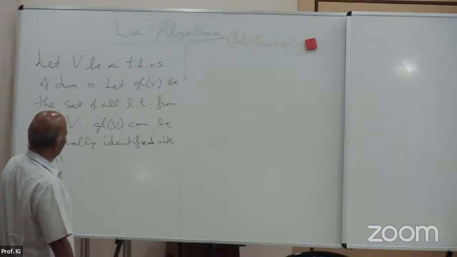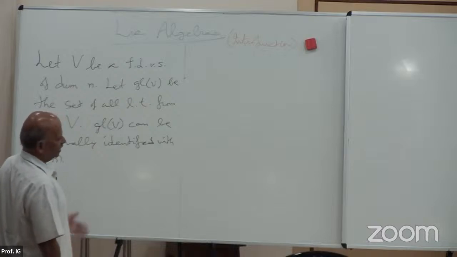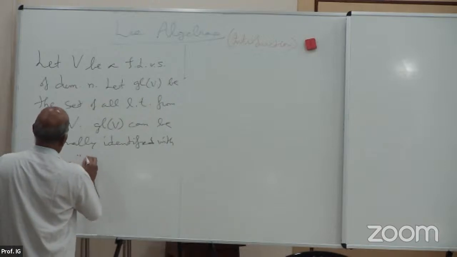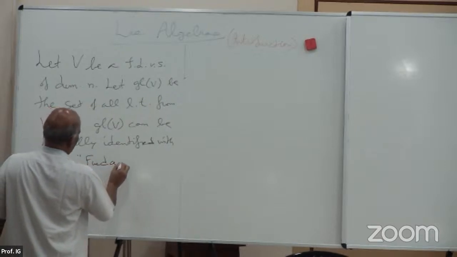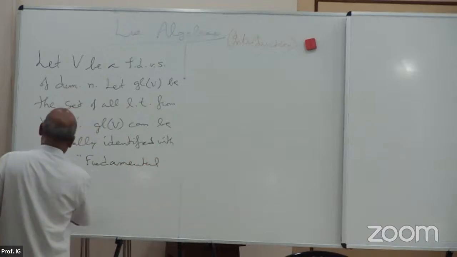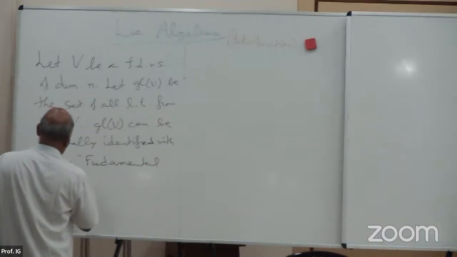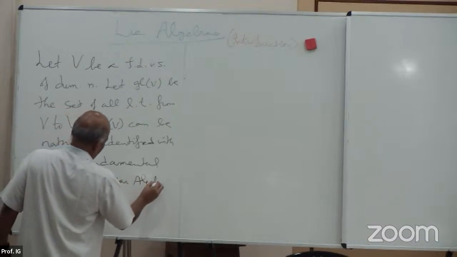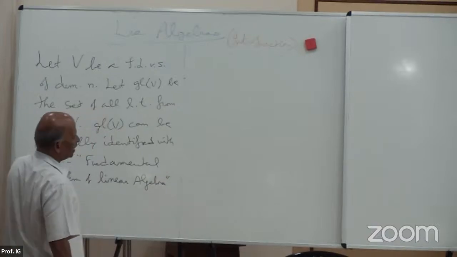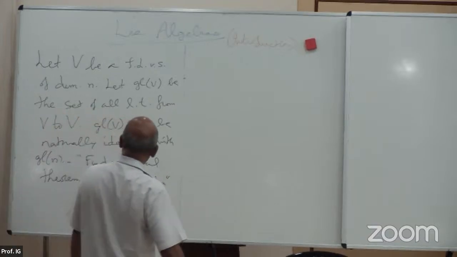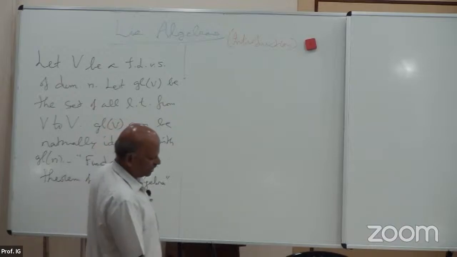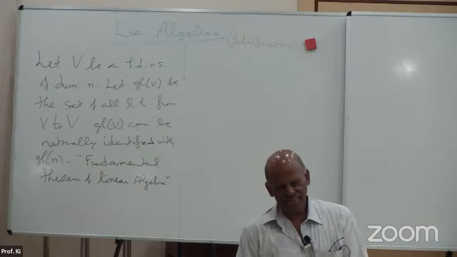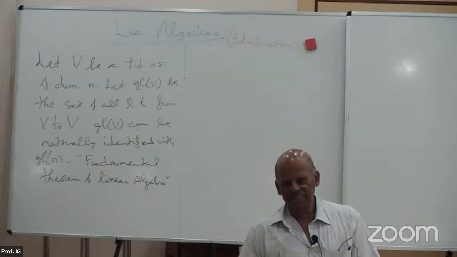GL(V) is the set of all linear transformations from V to V. Then, from simple linear algebra, what I would call the fundamental theorem of linear algebra, we know that GL(V) can be identified naturally with GL(n), because I will keep mixing these things very happily without any bother. GL(n) is GL(V) and GL(V) is GL(n) for me.